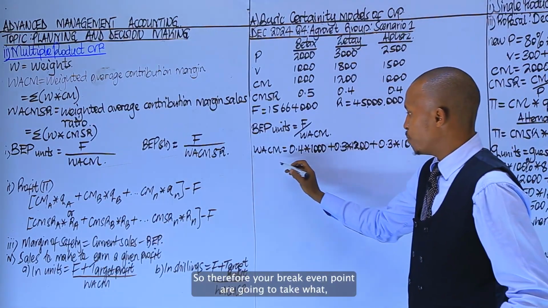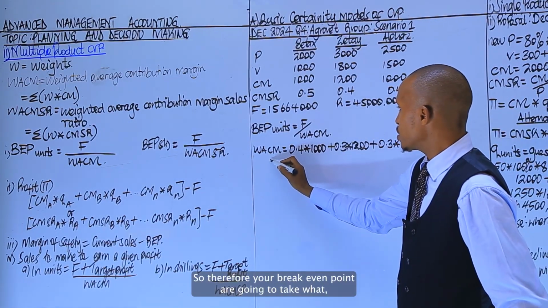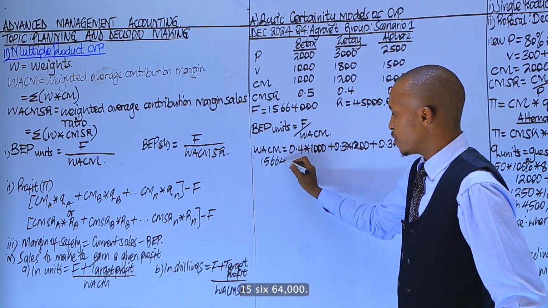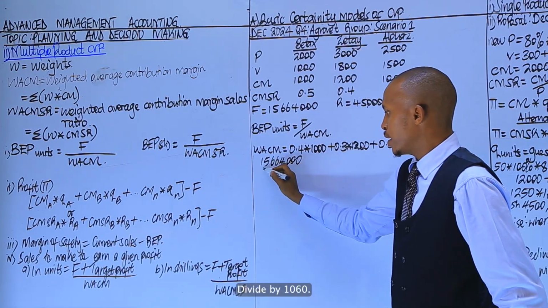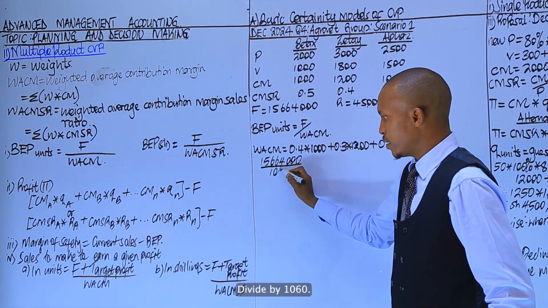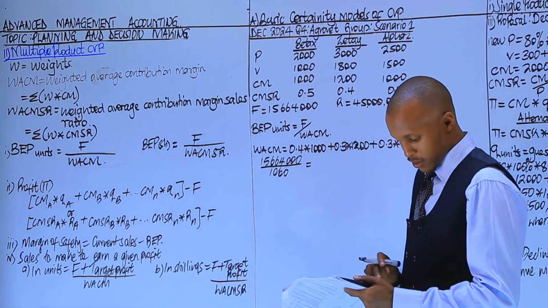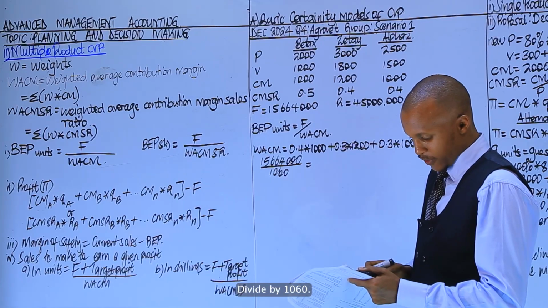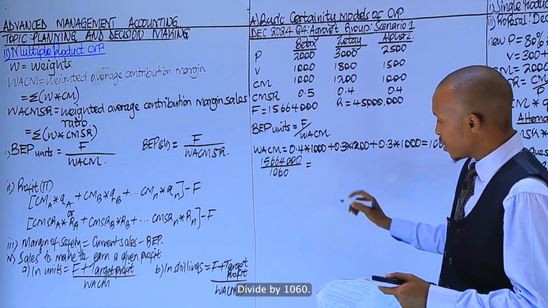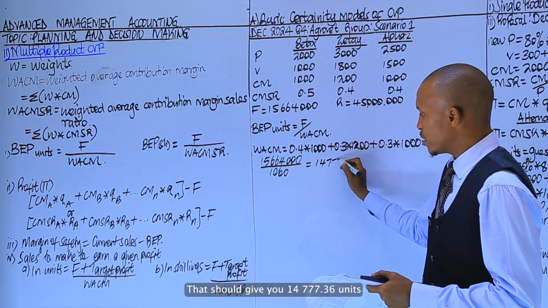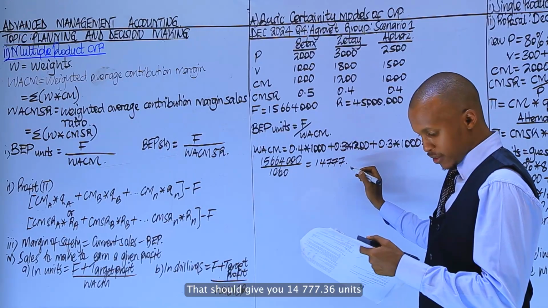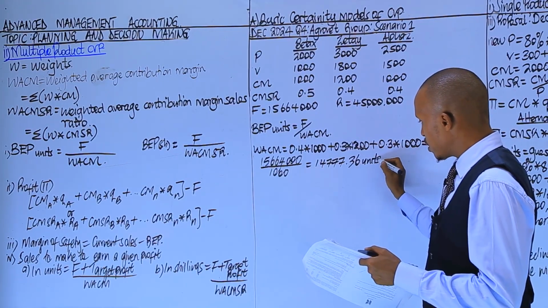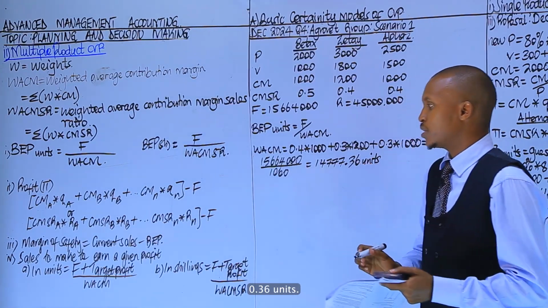So therefore, your break-even point, you're going to take 15,664,000 divided by 1060. That should give you 14,777.36 units.